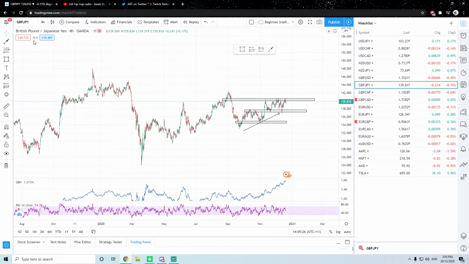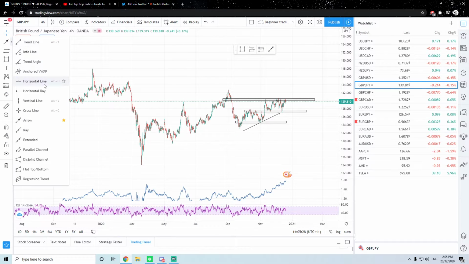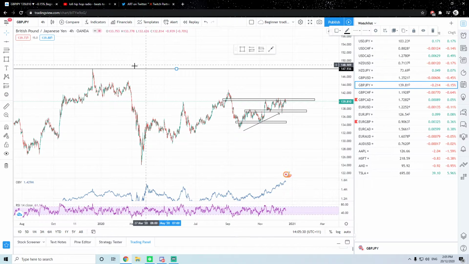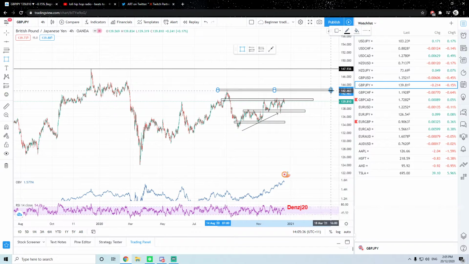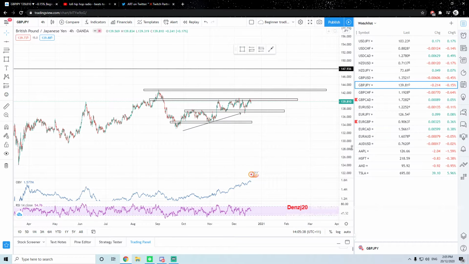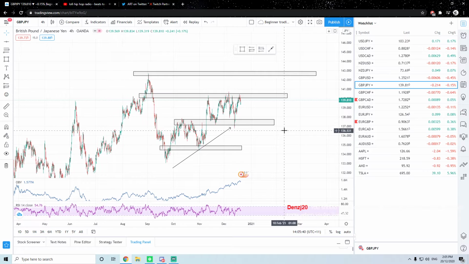What I'm going to do is get this horizontal line, put it up here on this high, and mark this up as a point of resistance. So now if you take a look at this chart, it's looking really nice, really easy to understand.